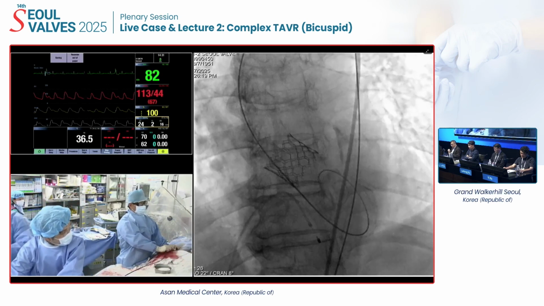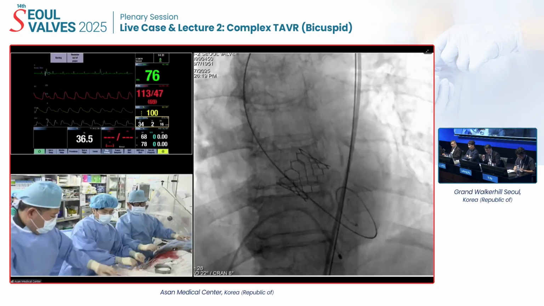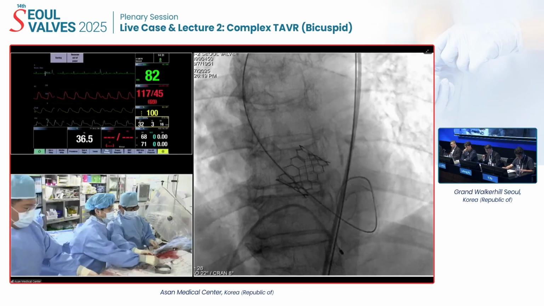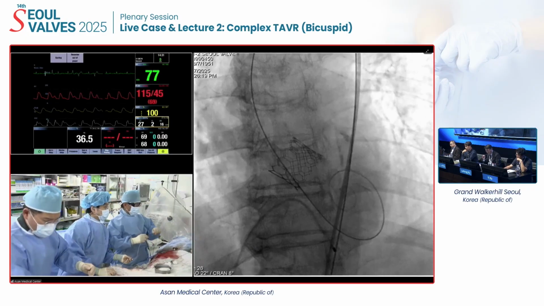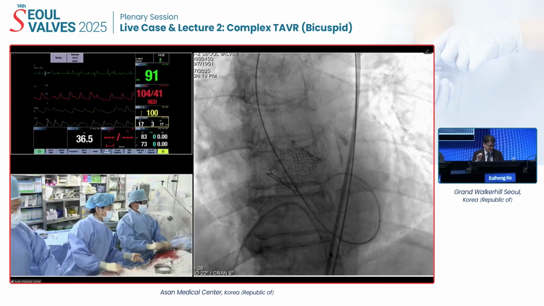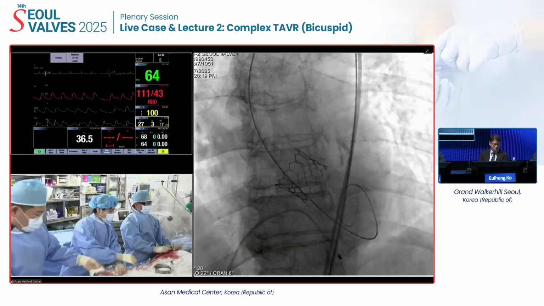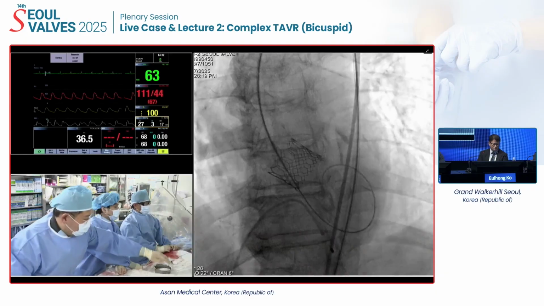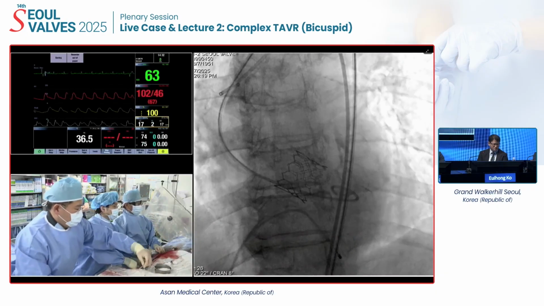Sounds good. Professor Ahn, this is Euihong from Japan. Can I ask one question? Yes, please. What is the cutoff value of the calcium amount to do the downsizing for your center? In our center, we reduce the volume when the calcium volume is more than 1,000.